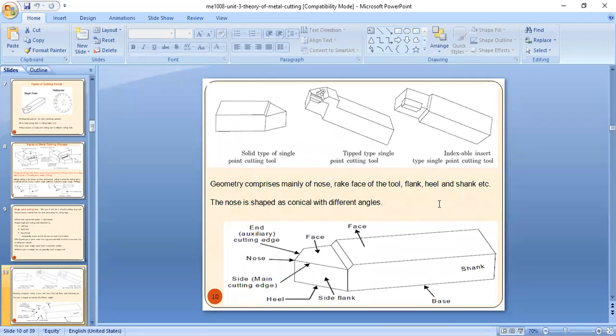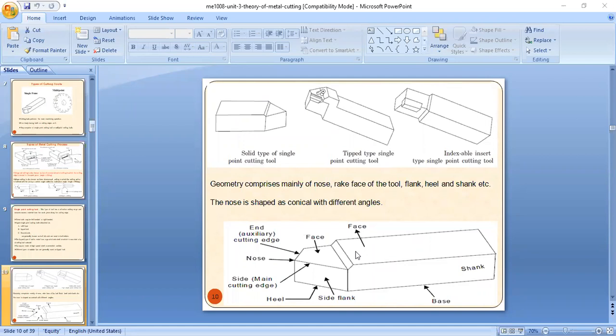So for the geometry, the nose is shaped as conical with different angles. That is what we have to observe in the single point cutting tool. Here this is the shank, this is the face, and this is the base.